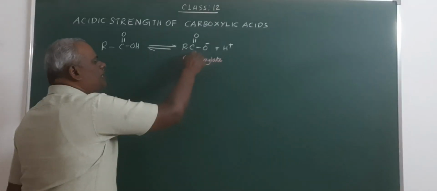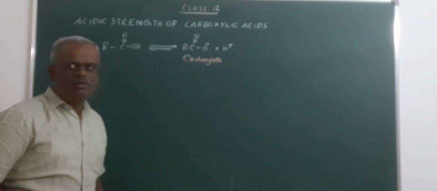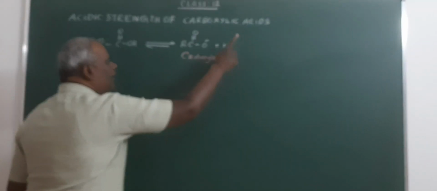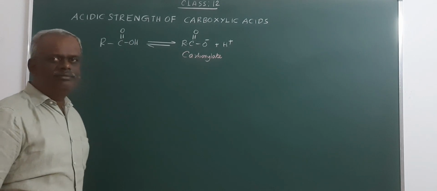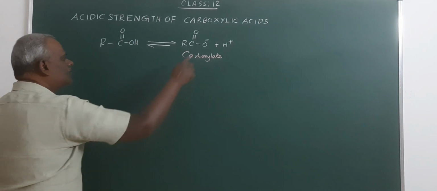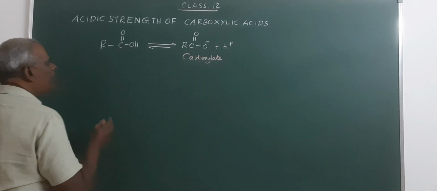The hydrogen plus is stable if its counterpart, the conjugate base, is a stable species. And how do we say this carboxylate is stabilized?